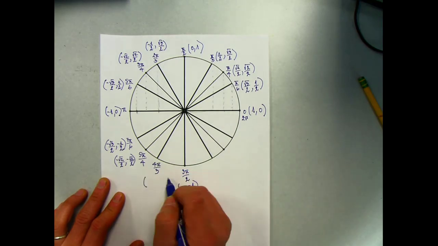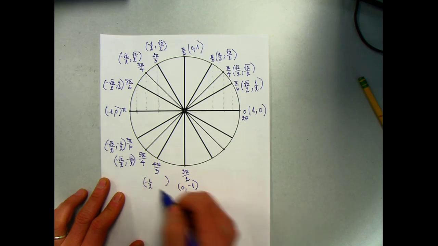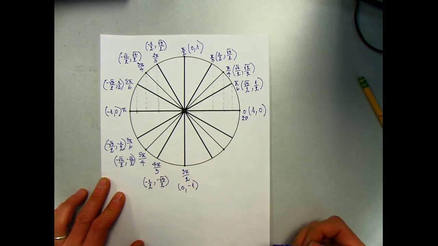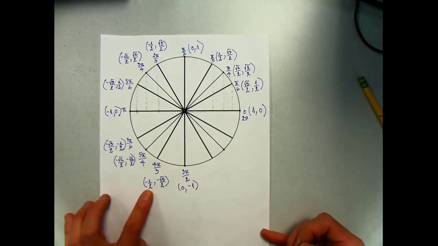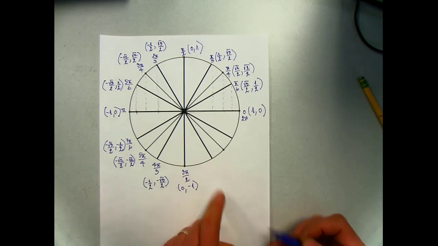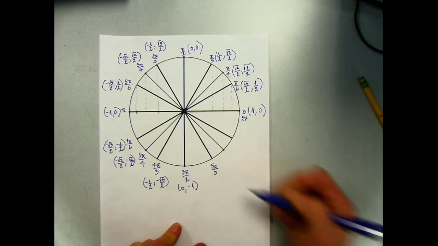Okay. Cosine value and sine value. Cosine first. Negative 1/2. I agree. And then negative square root of 3 over 2. I agree also. You guys all agree, right? Double check against yourself. What angle is that? 5 pi over 3, right?